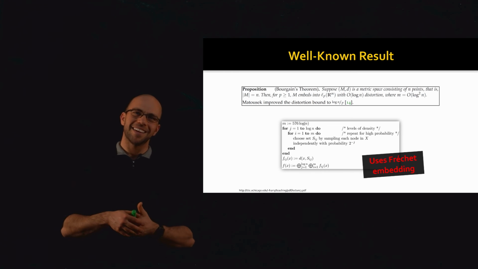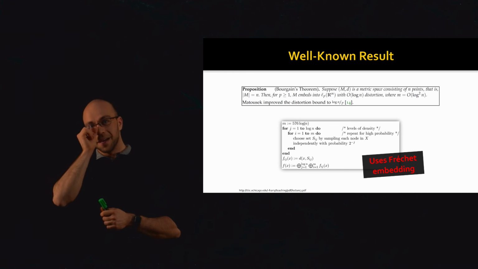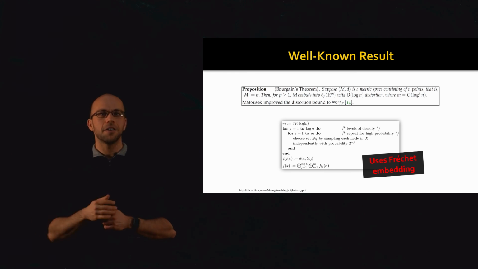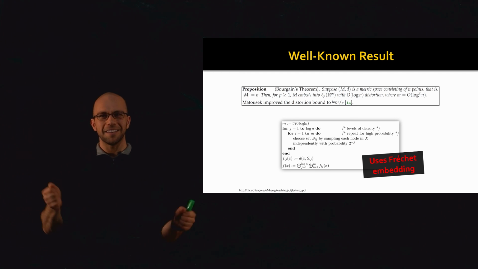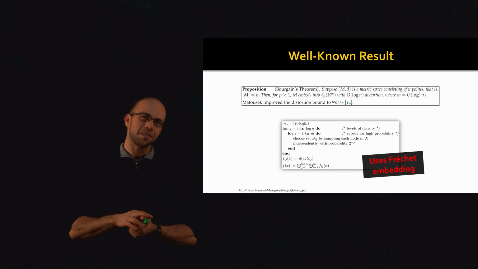It's basically taking a really dense sampling of your domain and then sparser and sparser ones and using the Fréchet embedding. And what you're basically arguing is that the Fréchet embedding gives you enough information to triangulate where you are. So this is a nice positive result that's halfway between the two things that we just showed, right?